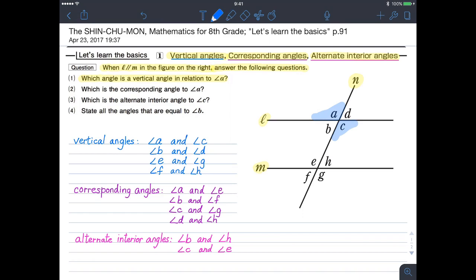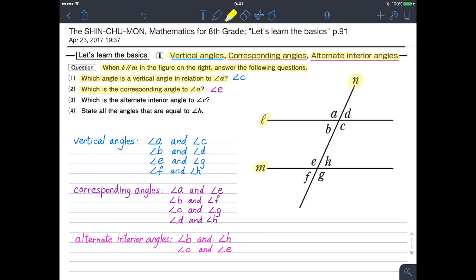The answer to question 1 is angle C. Now question 2 asks, which is the corresponding angle to angle A? You may remember that a corresponding angle is an angle in the relationship such as A to E. So in this case, E is a corresponding angle to angle A. So the answer is angle E.